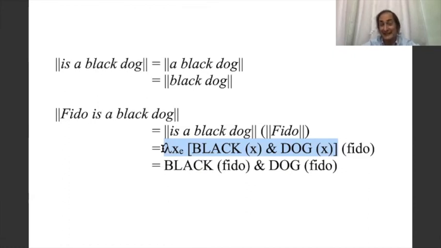Like I said, it doesn't matter. And that's why I made the mistake. If it were Z, it would work just as well. It says find something to substitute for this variable. You substitute for the variable here and here, find the something there, and you end up with black Fido and dog Fido. So we end up with the same result, but we end up with that result in a very different way. Okay.